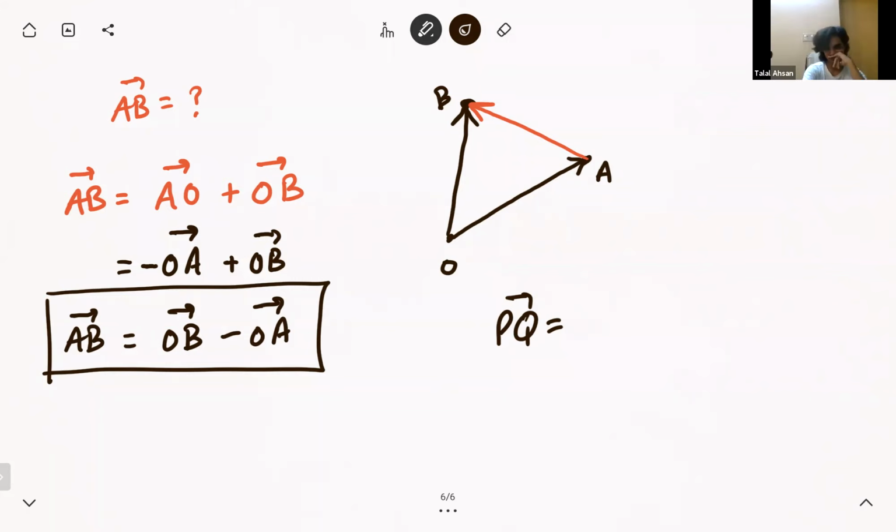I don't know. ऐसे मैं जोर लगा रहा हूँ। Yes, now you can unmute. So if I have written AB as, yes, Hamza, you are right. AB is given OB minus OA. Similarly, what will be the vector PQ then?